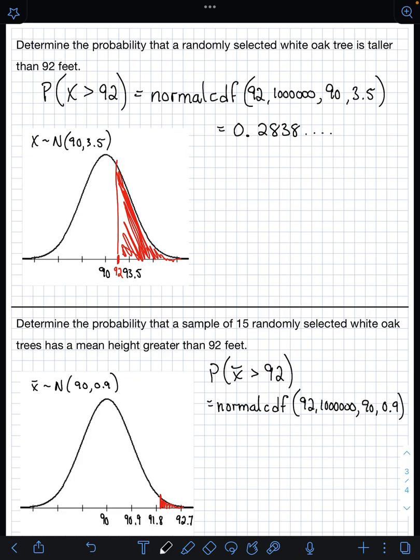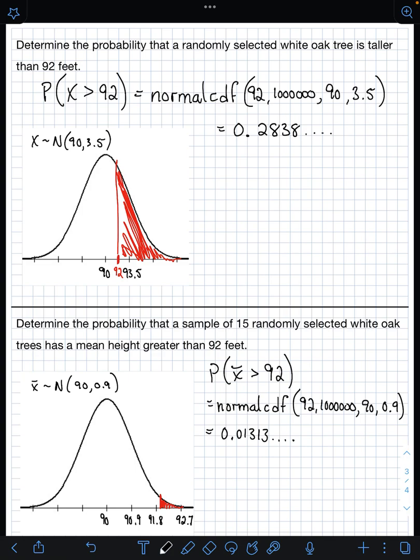Remember, though, that we have a different standard deviation from before. And we get a considerably smaller probability, which goes, of course, with the considerably smaller area.